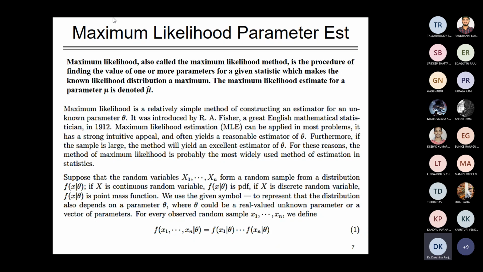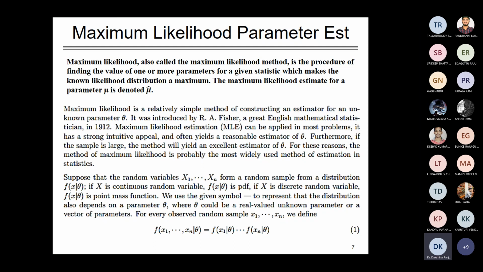First of all, we need to determine one or more parameters for a given statistic, and when we compute the likelihood function, we differentiate it and set it to zero to get the maximum likelihood.